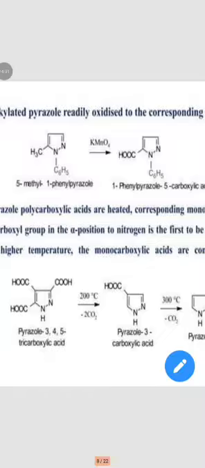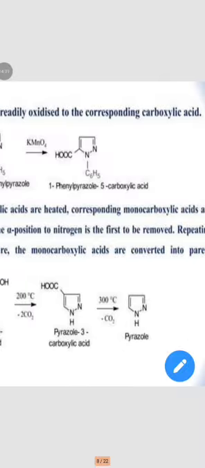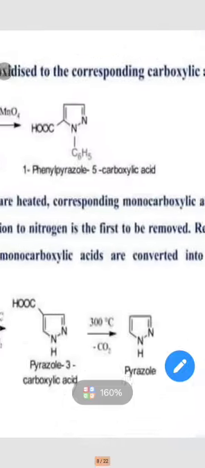Two molecules of carbon dioxide are removed to form pyrazole-3-carboxylic acid, with the acid group in the third position. It is further heated at 300 degrees Celsius to remove carbon dioxide and form pyrazole. So pyrazole-3,4,5-tricarboxylic acid is heated to form pyrazole-3-carboxylic acid, and then further heated, a molecule of carbon dioxide is removed to form pyrazole.